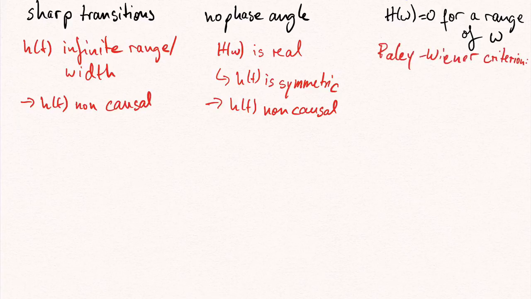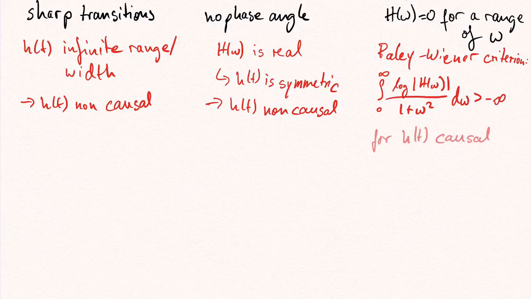To understand why the third property of ideal filters can't be satisfied, we need to have a look at the Paley-Wiener criterion. It says that the integral between 0 and infinity of the logarithm of h of omega's magnitude divided by 1 plus omega squared d omega has to be greater than minus infinity for any filter that has a causal impulse response.